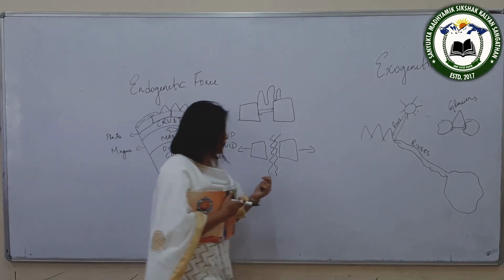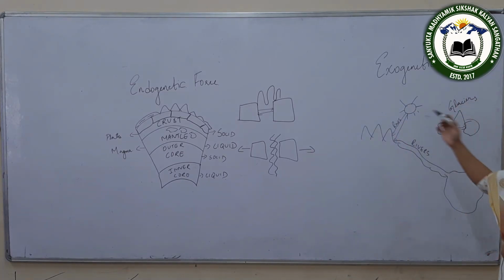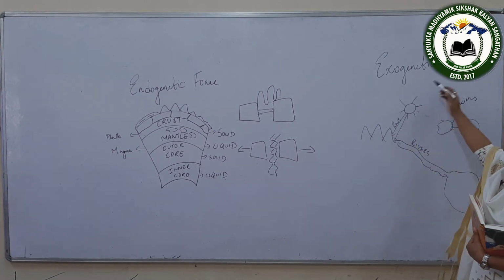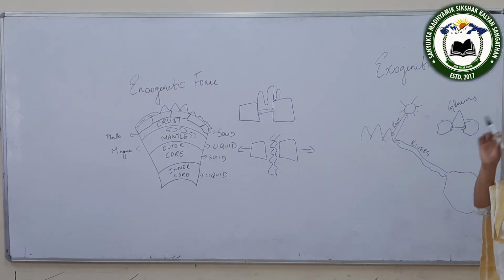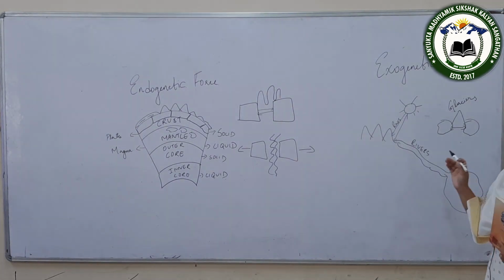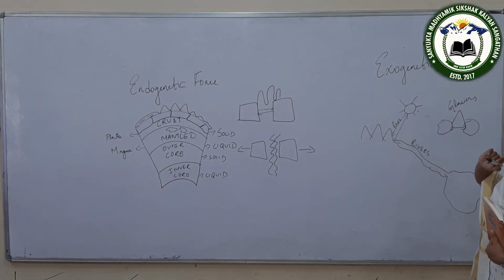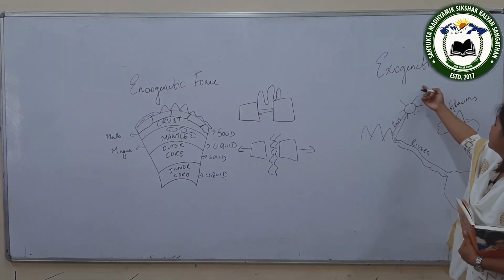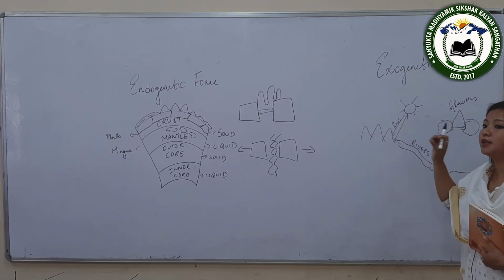So now coming to the exogenetic force, what we could see is that there is the upliftment of landmass. The exogenetic force incorporates the denudational agents such as weathering, erosion, transportation and deposition by various sources such as sunlight, rivers, glaciers, winds, etc. What the exogenetic force does is that it weathers away the materials.